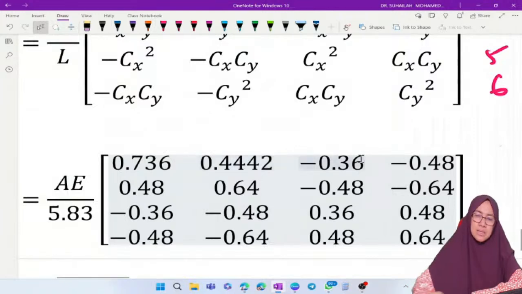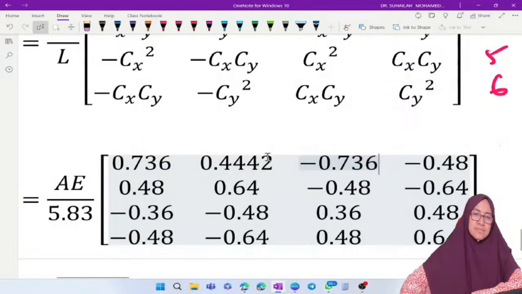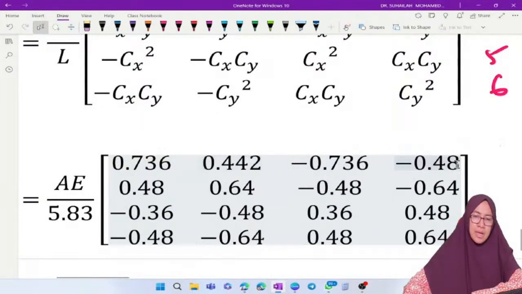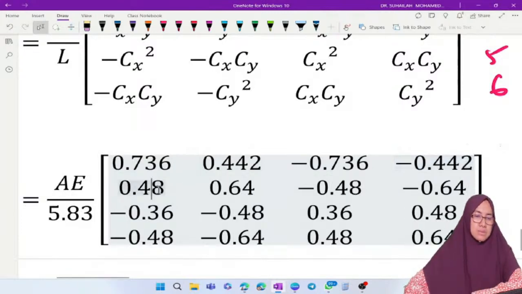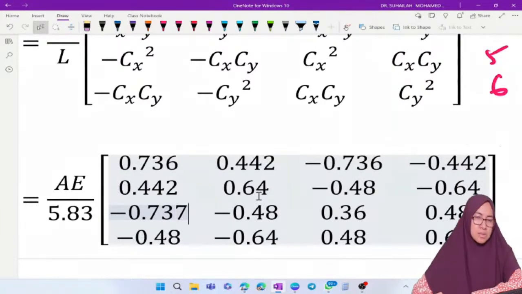Then negative 0.736, 0.442, and negative 0.442. The matrix is symmetric, so this is also 0.442. This is negative 0.736 and 0.442.